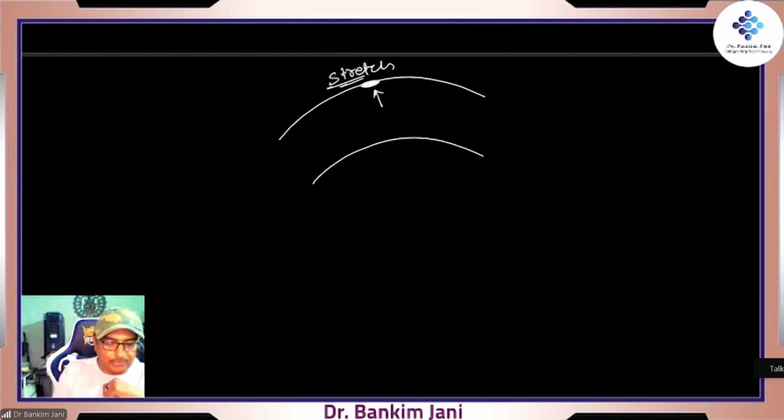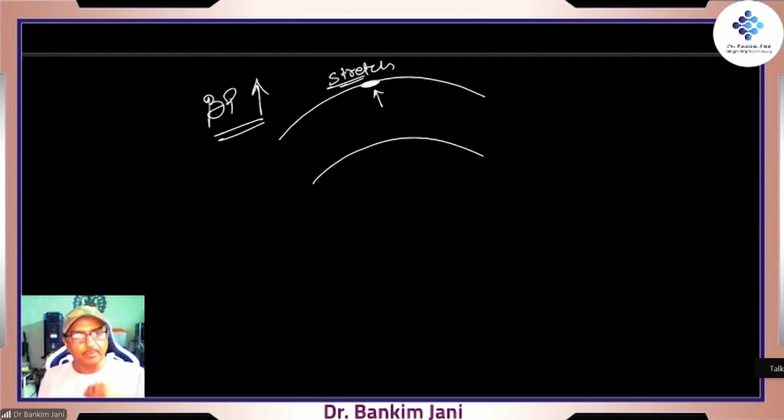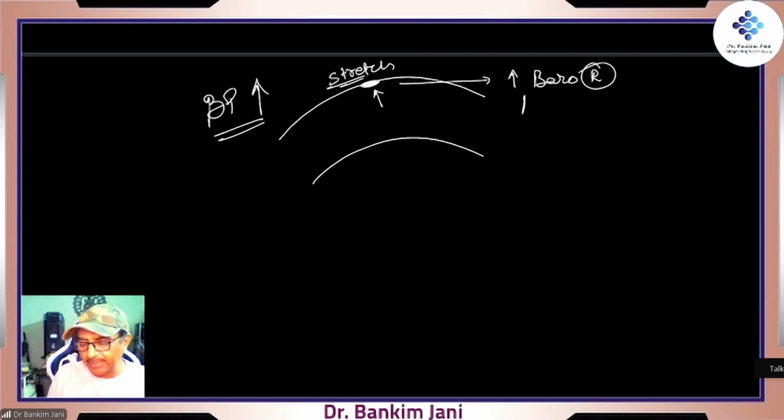So now let's say blood pressure increases, right? Blood pressure increases, so what will happen to these baroreceptors? They'll be stretched, so there would be increased baroreceptor activity. Now what will we do? These are receptors. Receptors means they will sense.